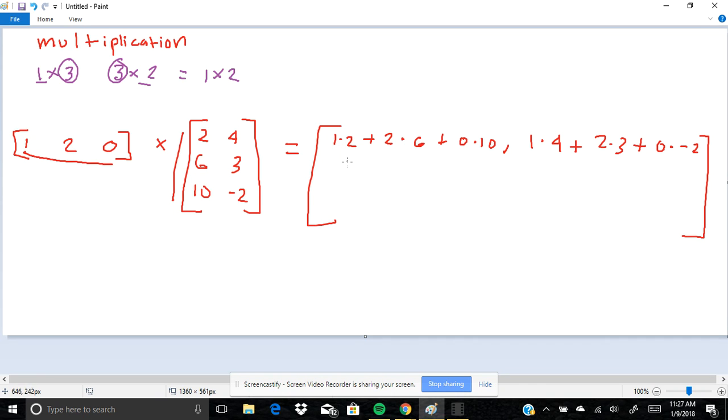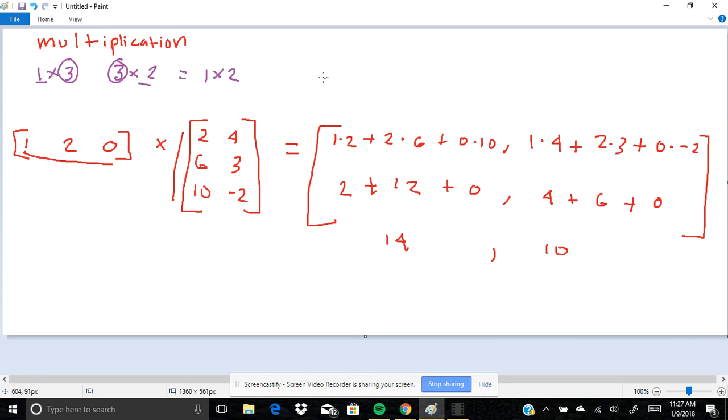So 1 times 2 would be 2, and then you'd add 2 times 6 would be 12, then you would add 0 times 10 would be 0. Then you have 4 plus 6 plus 0. Now you'd add these. 2 plus 12 plus 0 would be 14. And you have 4 plus 6 plus 0 would be 10.